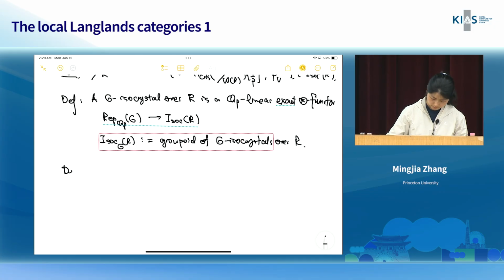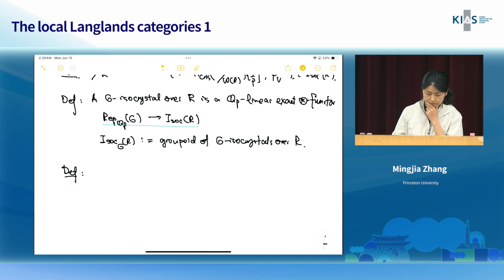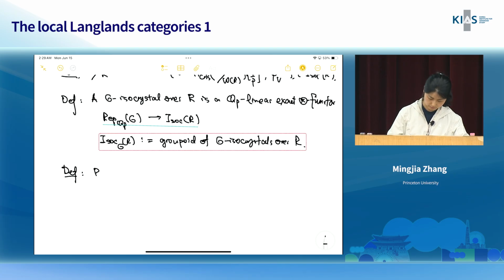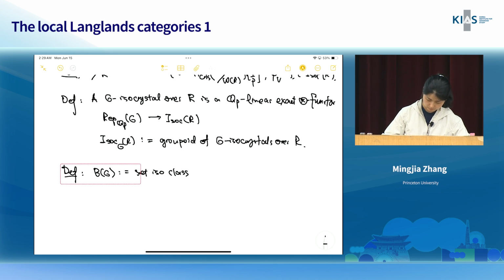Okay, and then the Kottwitz set is just the set of isomorphism classes in this groupoid when R equals F_p bar.